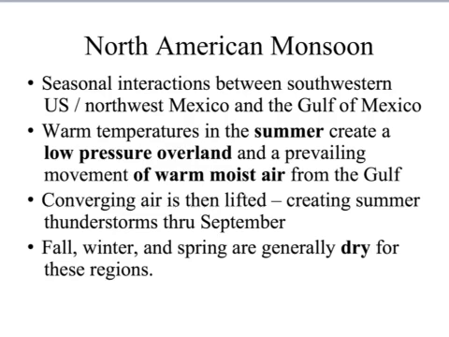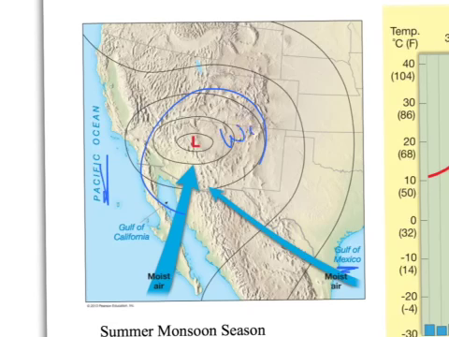So what's going to heat up more quickly is the land, and more specifically, can you see where this is not just land, but also mountainous? Anyway, this is warmer. I'll just put warm here. And so we generally have low pressure at this time of year.